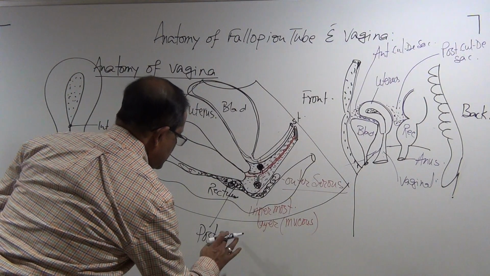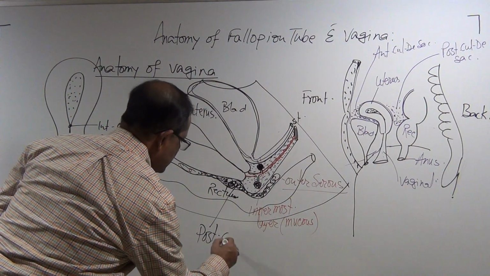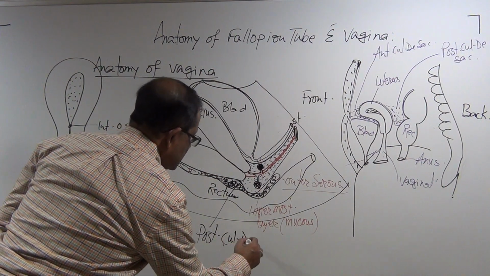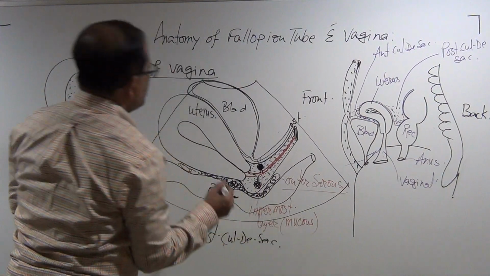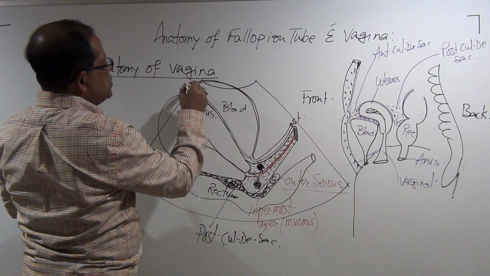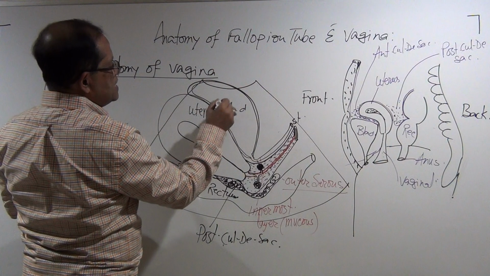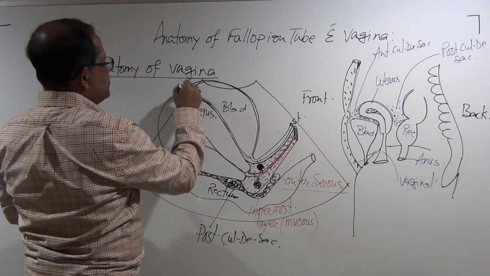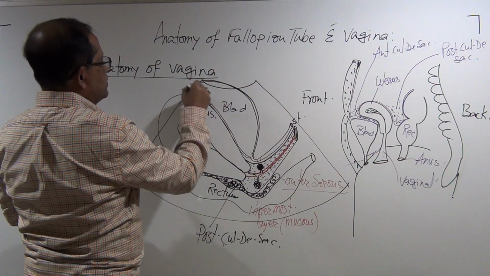Posterior cul-de-sac, and this is anterior cul-de-sac between the uterus and the bladder. If there is fluid over here, it will collect over here.